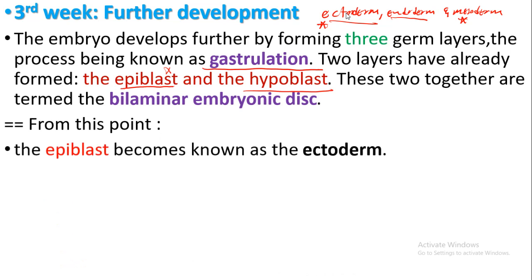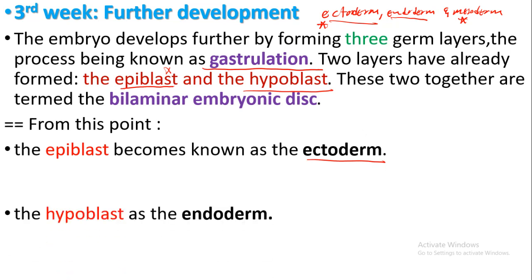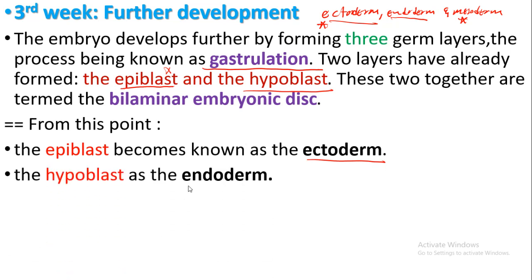So, like I have said, the epiblast will normally become the ectoderm, and then the hypoblast will normally become the endoderm. The endoderm is a very important germ layer which is going to give the lining of the GIT and also the respiratory tract.